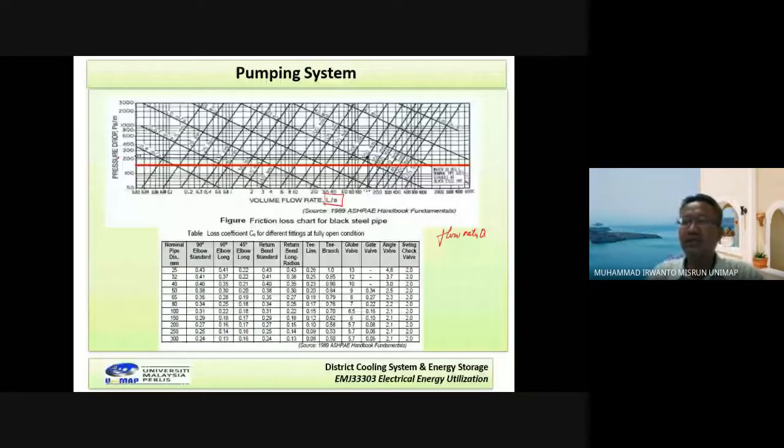Now we can refer to the value of C0, the friction value, from here, based on the inner diameter, and then refer to what type of elbow. Here we have three types of elbow, and then valve, what type of valve here. Three lines, and also a little bit long radius can also be referred to. So to obtain the value of C0, use this table.